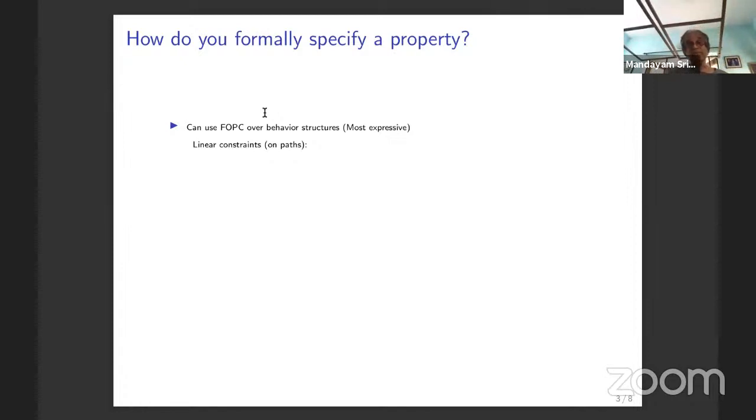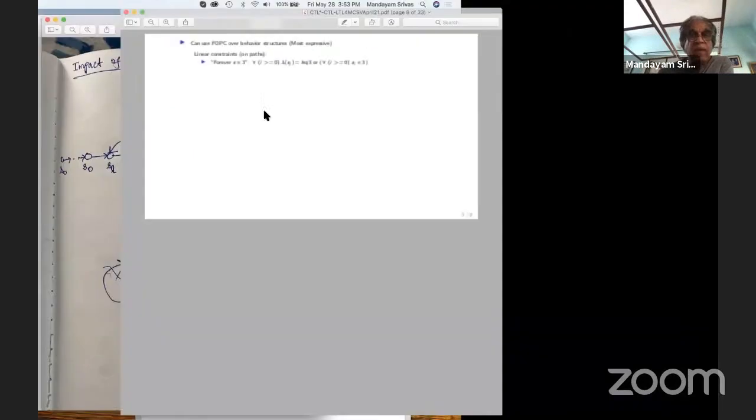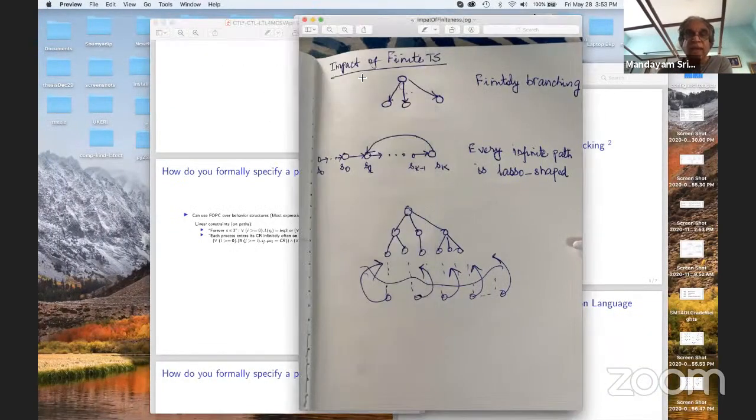For example, remember the mod counter that we had.